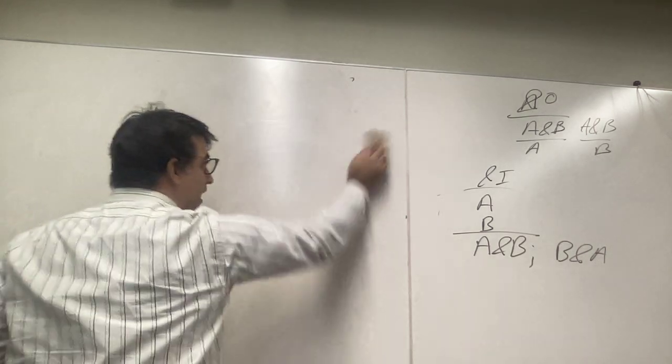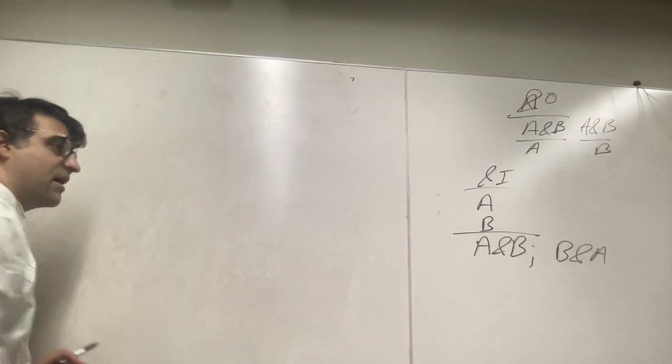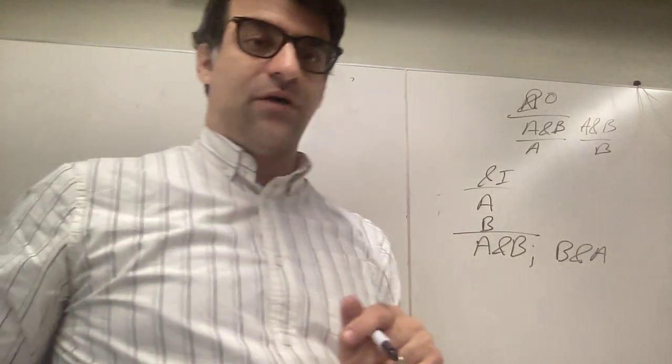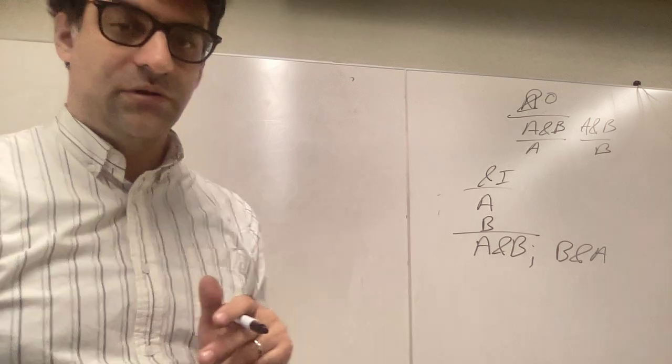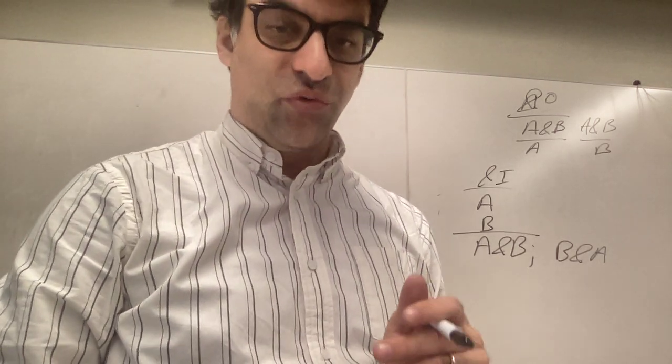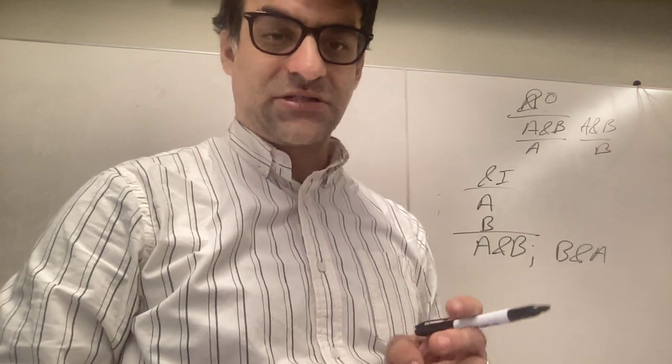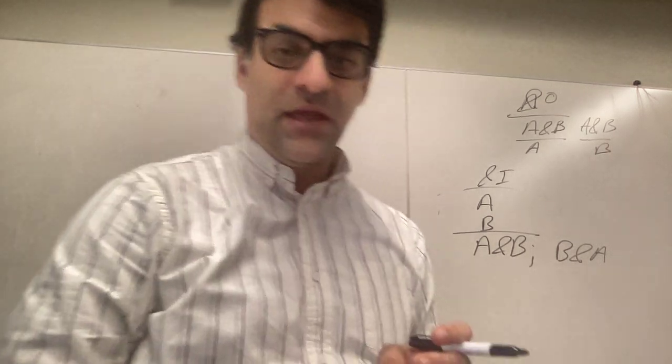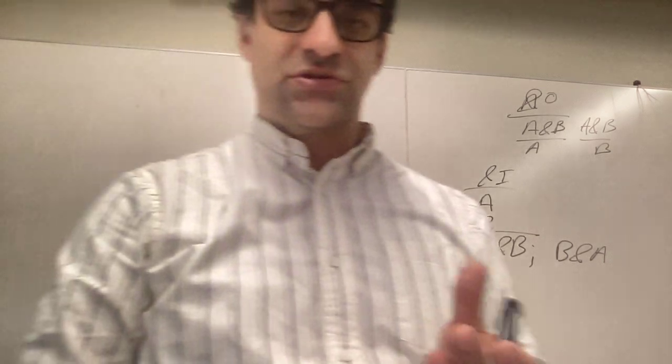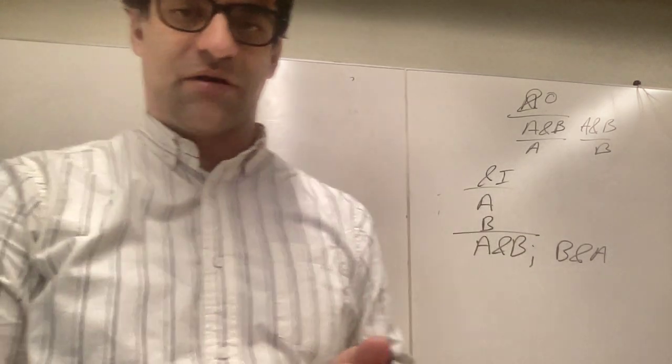Okay, so we've got double arrows. We've got arrow out and we've got arrow in. We don't actually have an arrow in rule. We would need some equivalence rules to introduce the arrow.